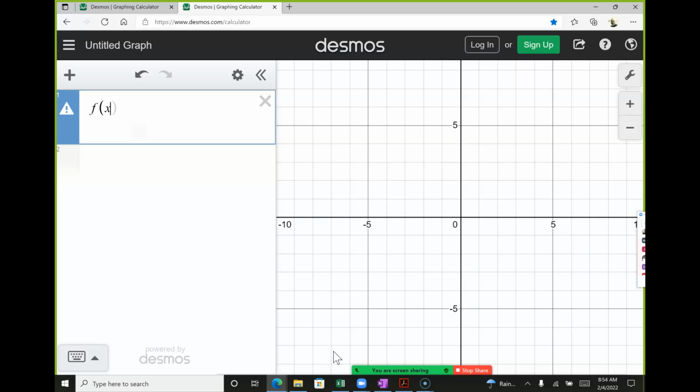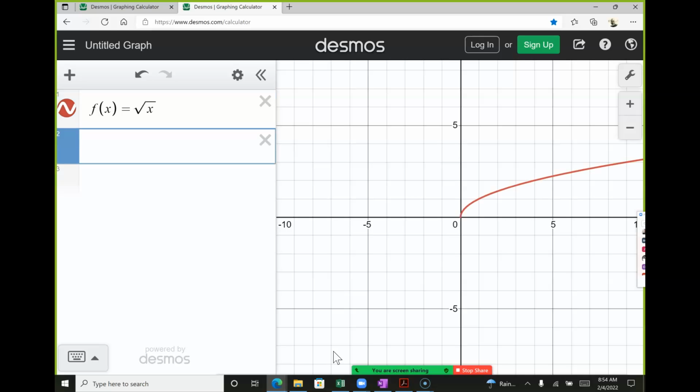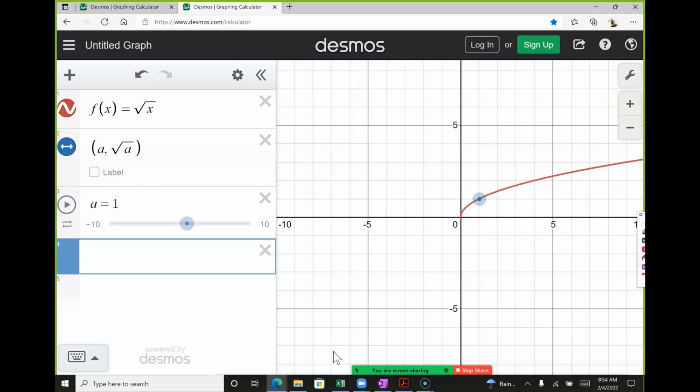So f of x, I'm going to do the dynamic, okay? So just watch. Don't try and do it with me. Square root of x. I'm going to put in an arbitrary point, a comma square root of a. And you see I now have my slider a, right?